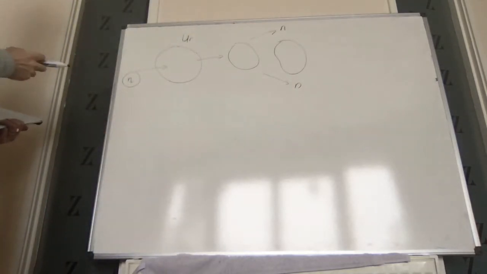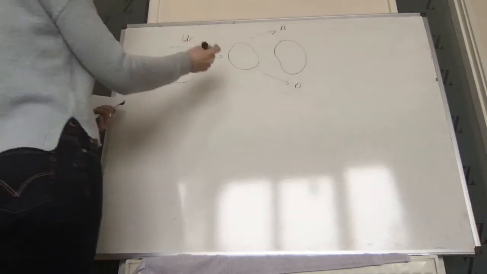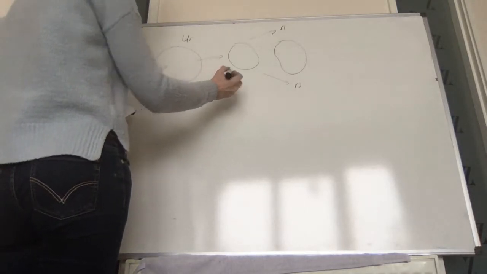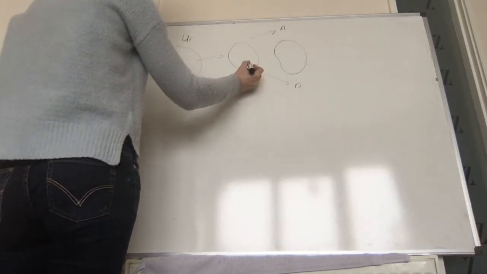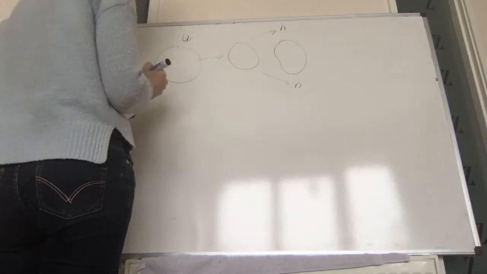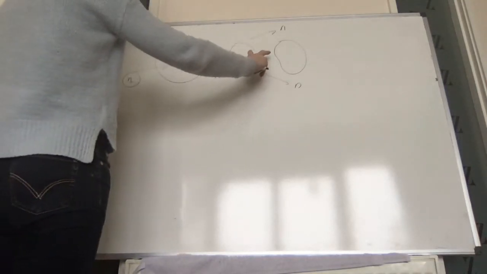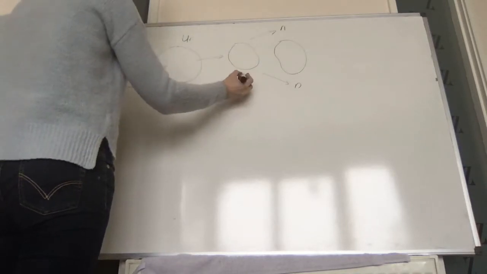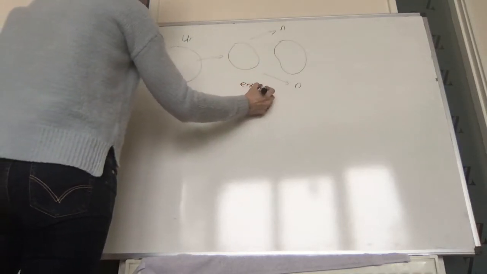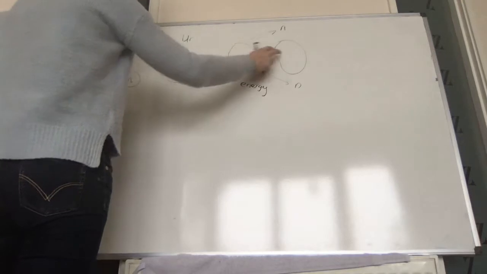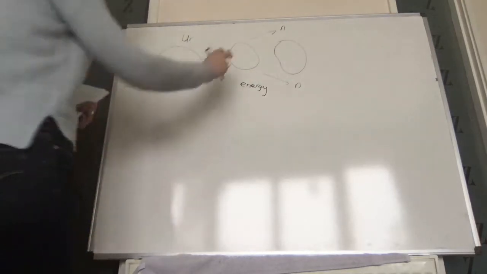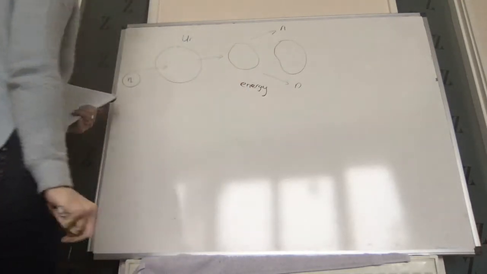Okay, now the main important feature about this happening is that apart from the fact that there are two new elements created out of that one, a lot of energy is given off. Now the energy is in the form of the kinetic energy of the two what are known as daughter nuclei.